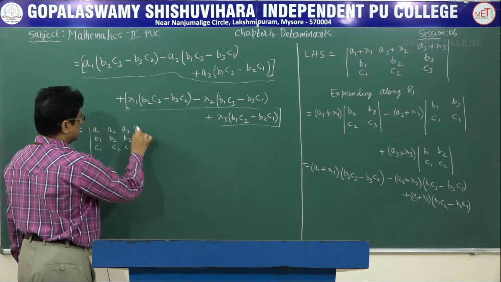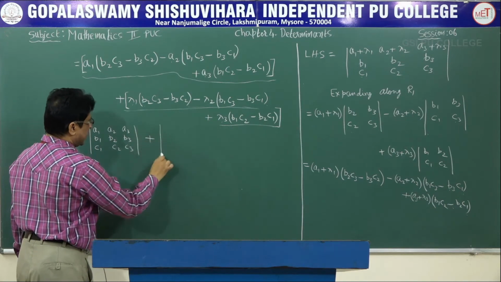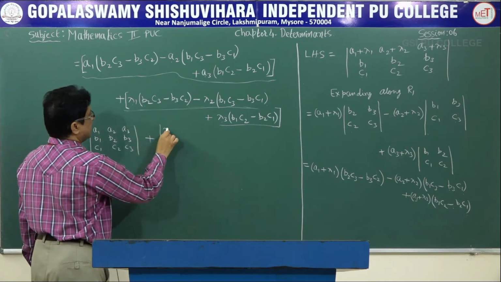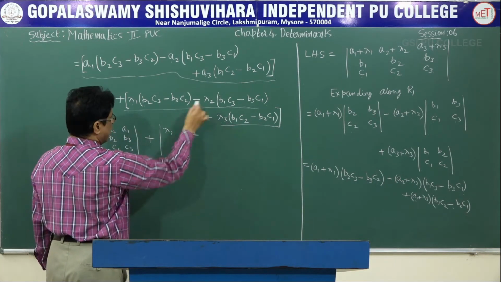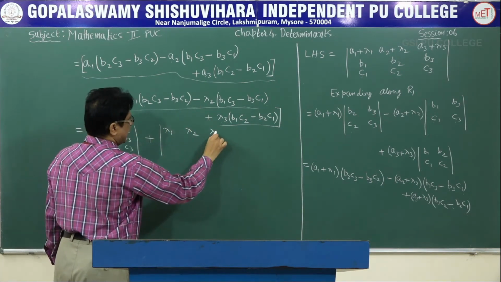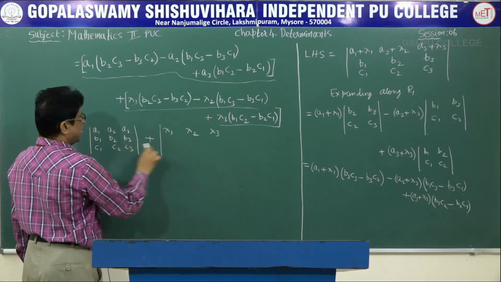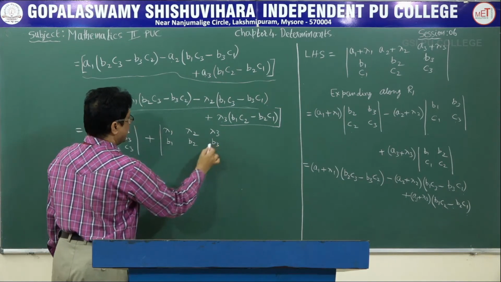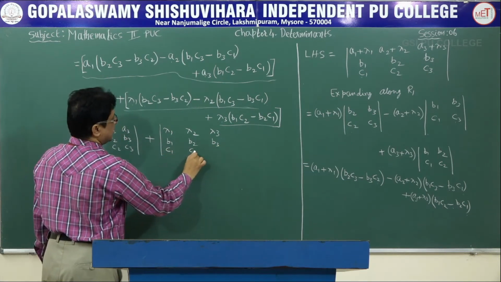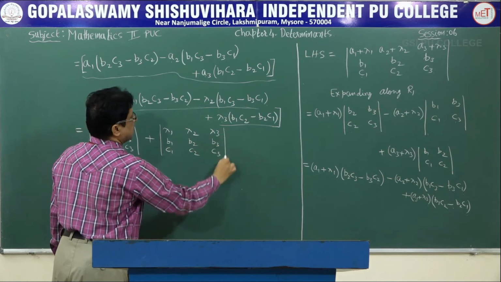That means plus the determinant of lambda 1, lambda 2, lambda 3 and the remaining elements are same, b1, b2, b3, c1, c2, c3.